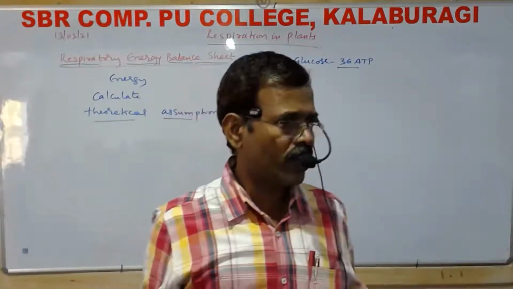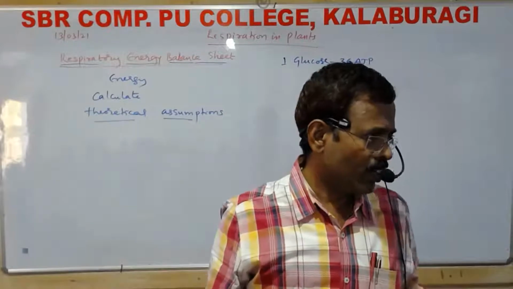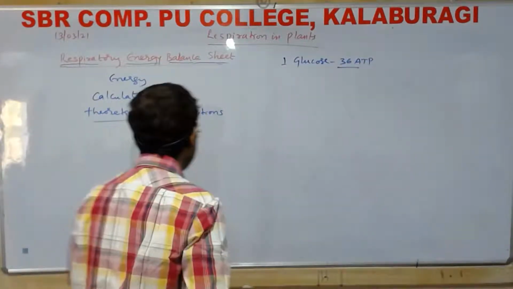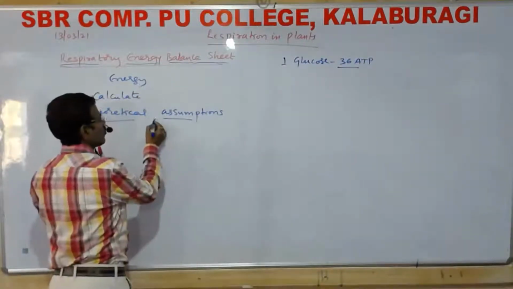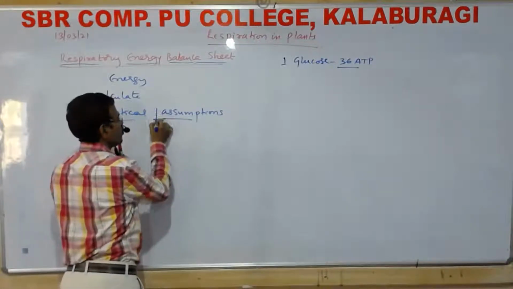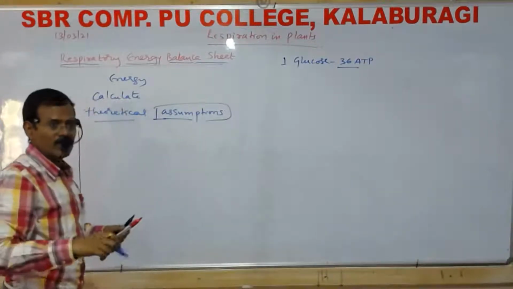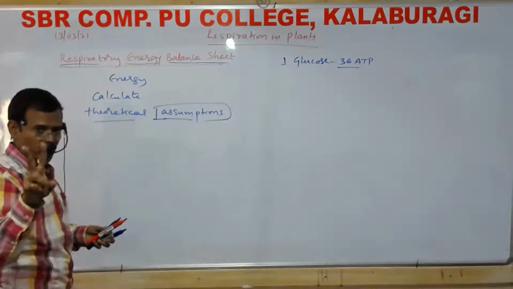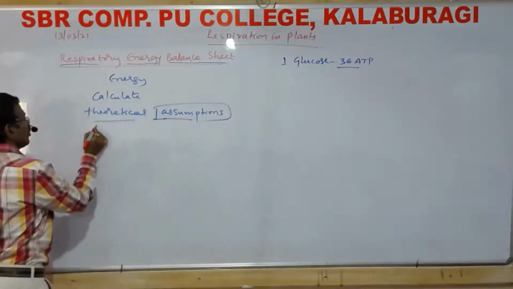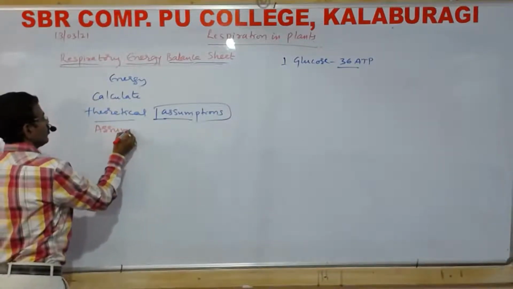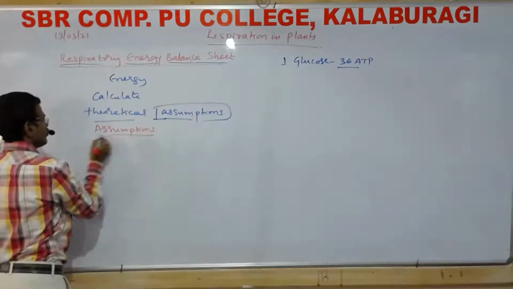So the release of energy from a substrate can be calculated. It is based on theoretical information and certain assumptions. Okay. So what are these assumptions we have to learn? Important for 2 marks. What assumptions are there?